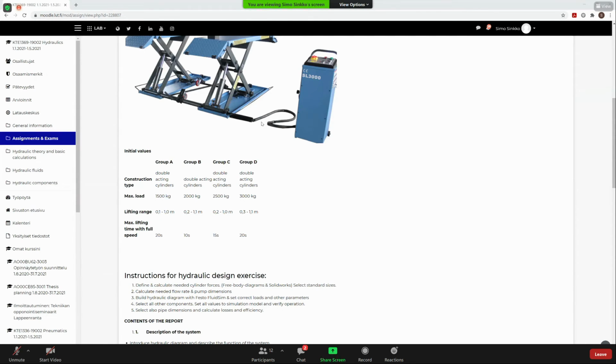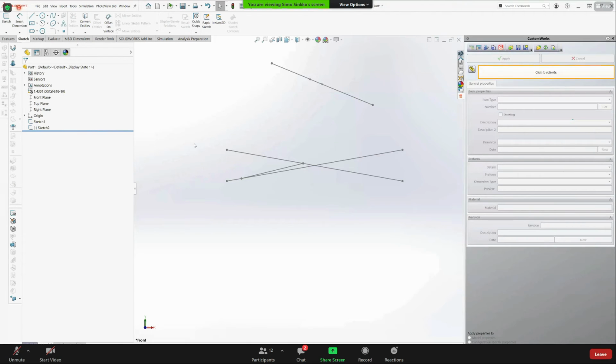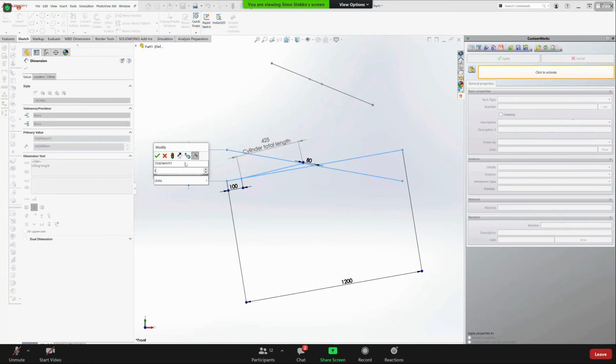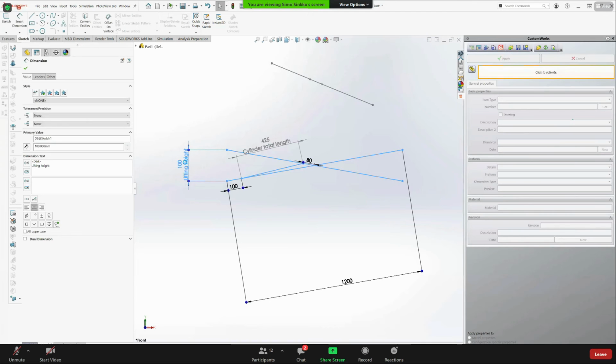And I choose the group A, so they state that the lifting range is 0.1 meters. So in the drawing, should we reduce the number? So in your case, it would mean that your starting point is this.